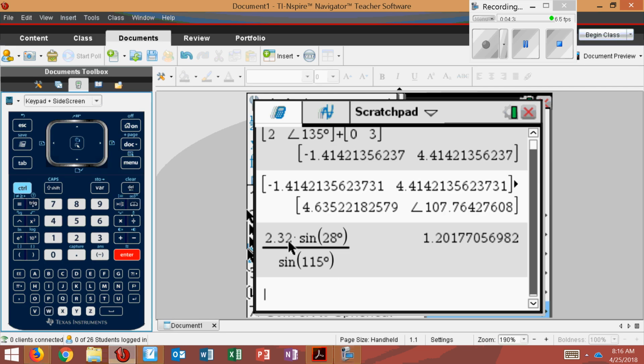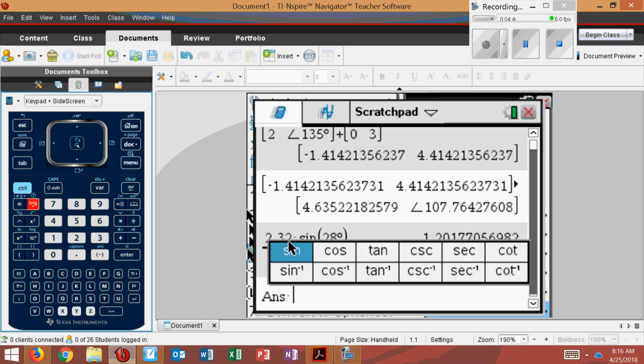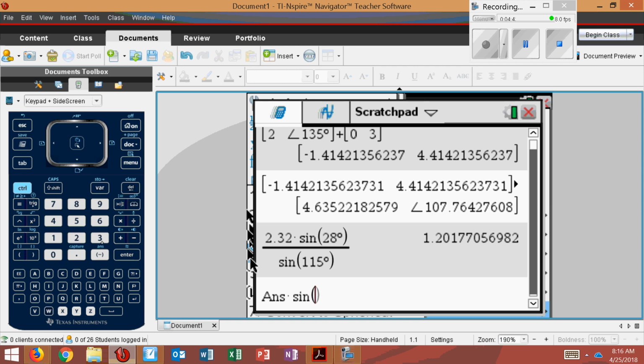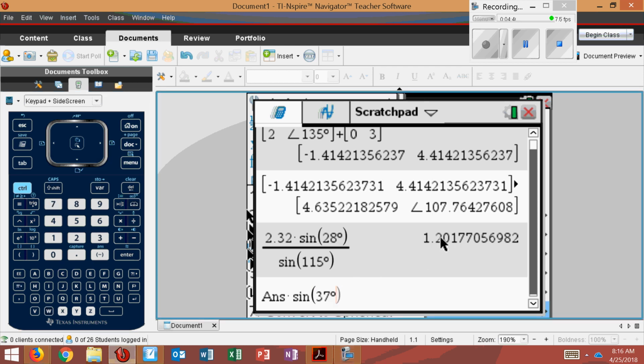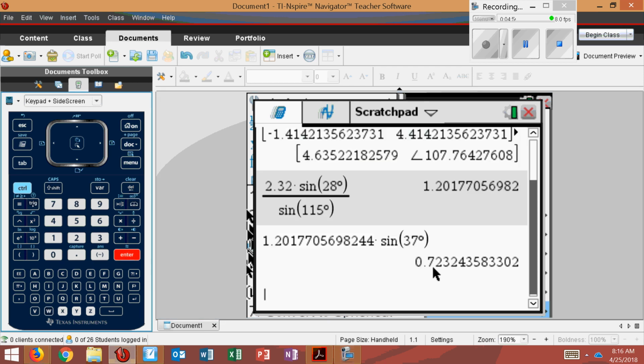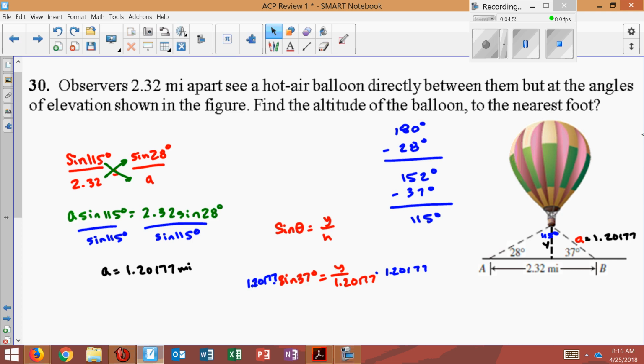So I'm going to take that same value and multiply it times sine of 37 degrees. Now, because I didn't type in the first part, I just took this, I'm going to give you a more accurate answer. So it says it's 0.72 miles. And this is definitely rounding.